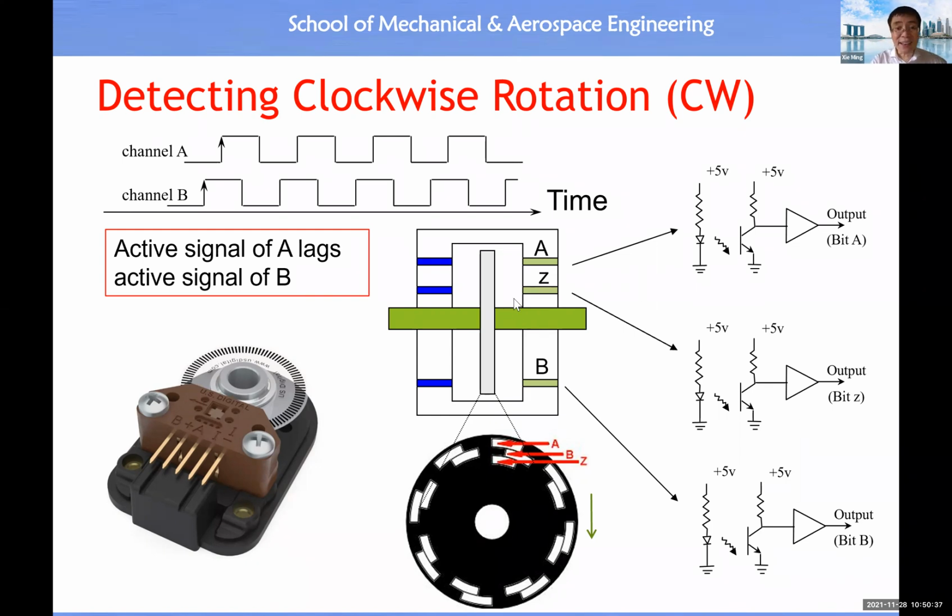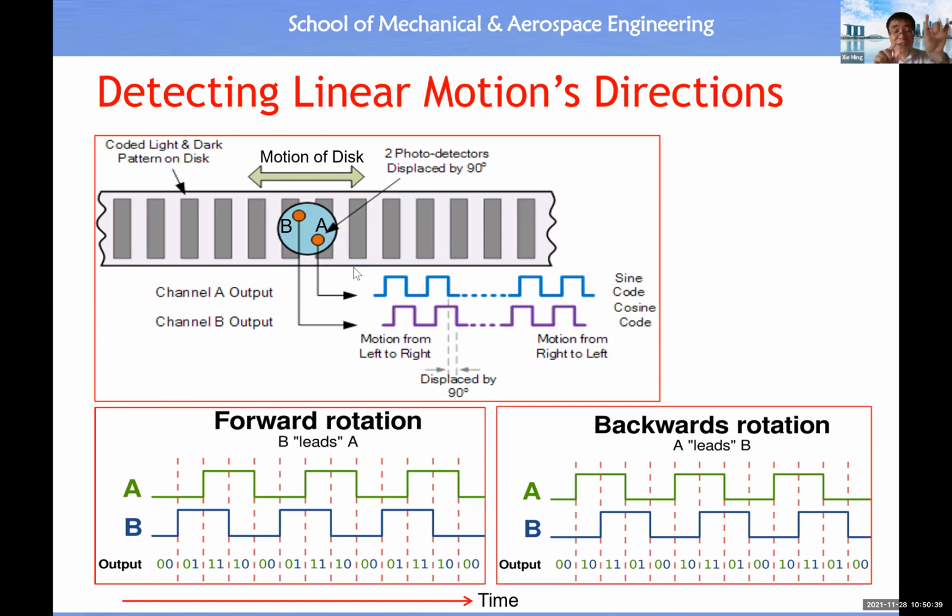This example illustrates the offset between these two pairs of light emitter and light detector. You see they are not aligned together, and this offset is just equal to 90 degrees of electric angle.